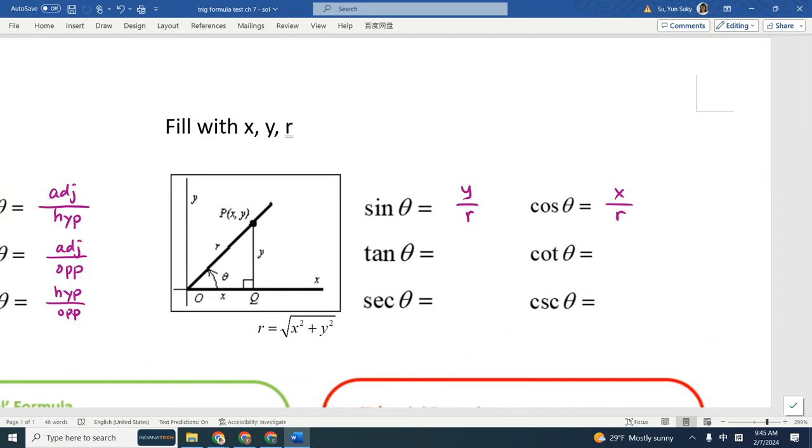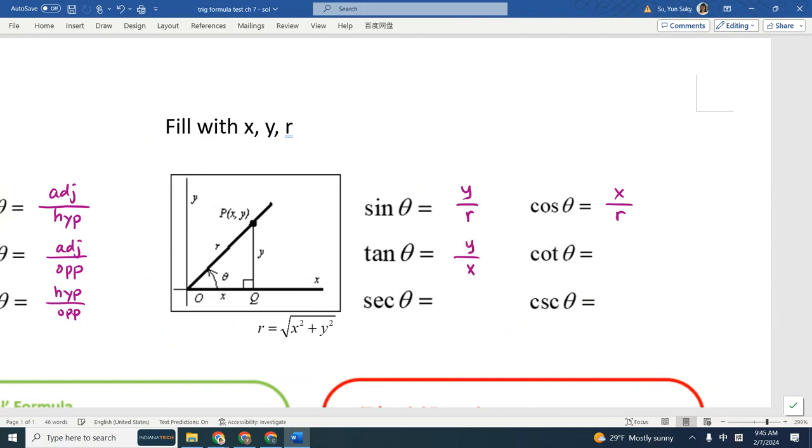Tangent: y over x, opposite over adjacent.